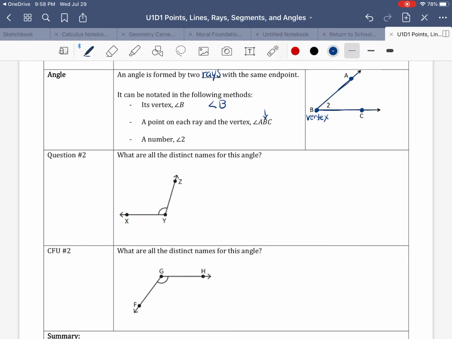And then sometimes there'll be a little number to indicate the specific angle, and you can also use that number, all right? I will say that whenever it is possible, whenever you have enough information, I am always going to ask you guys to use this method, the one where you use all three letters.